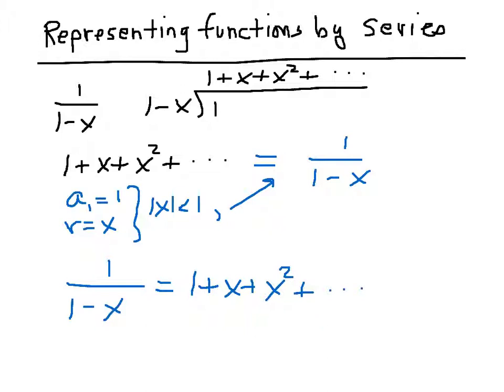And so this is what we see is our first example of what we will call a power series. This is a series that involves variable x, and it's actually equal to a function 1 over 1 minus x. And it's important to always remember that this equality only holds when the absolute value of x is less than 1.